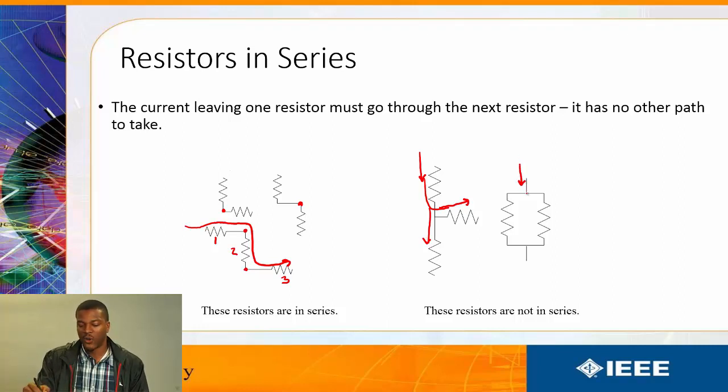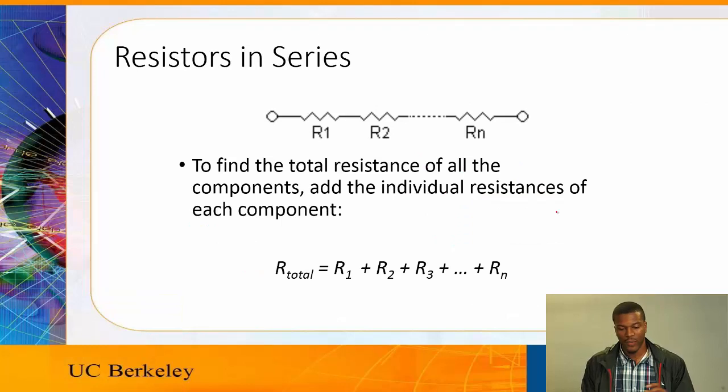If some current is drawn to the top of this branch of resistors, there will be some that flows that way and some that flows that way. To simplify series resistance, we can find the total resistance of all the individual components by adding them all together.